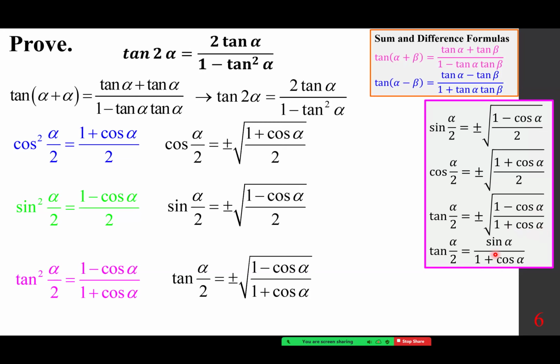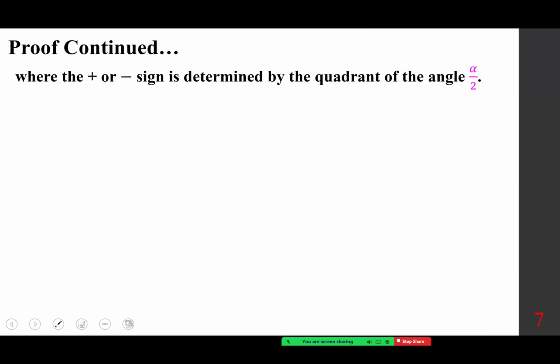We're going to discuss this further in the next page. So we continue with the proof, and this is the key, everybody, where the plus or minus sign is determined by the quadrant of the angle alpha over 2. You have to make that decision.